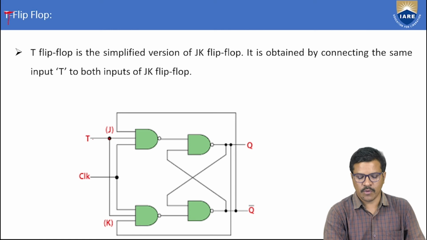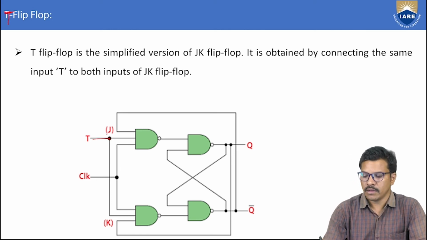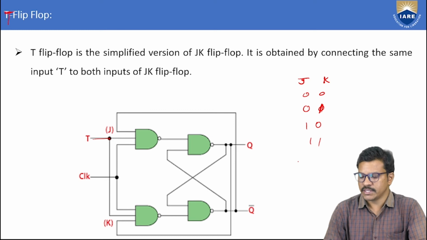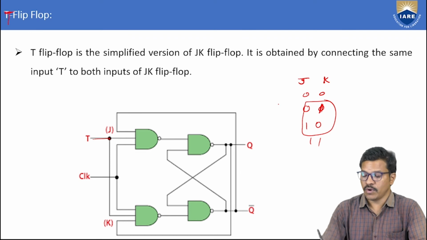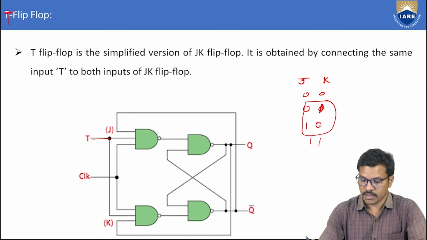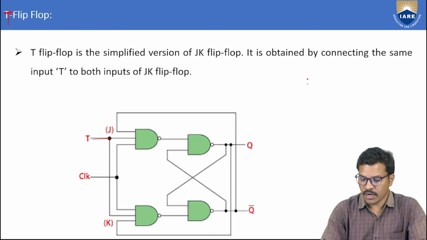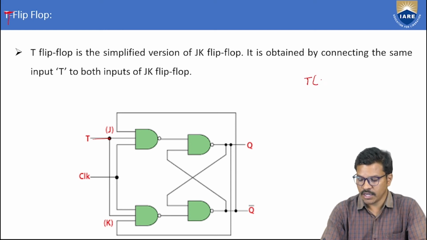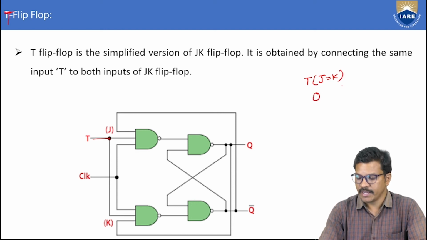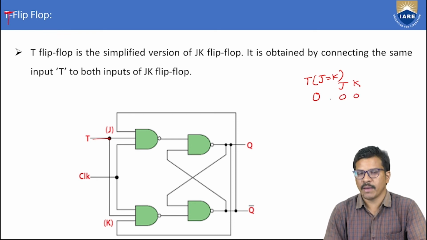So when we join them together, what happened? We have J and K possibilities. When we join together, there are only toggling possibilities, like 0 and 1. We avoid the 0 1 cases. So when we join together, T is equal to J, which is equal to K. When T is 0, indirectly J is 0 and K is 0. What happens in the J0 K0 case?